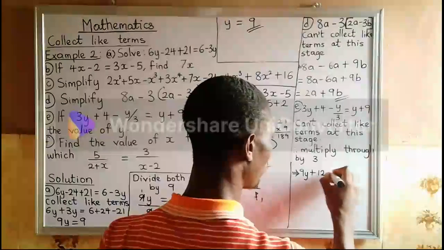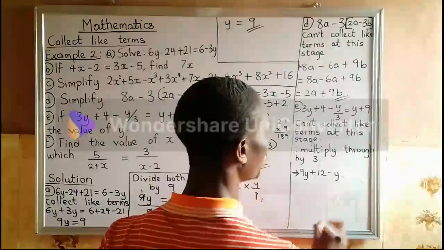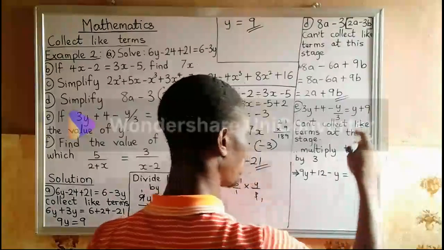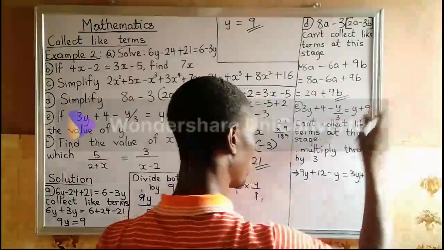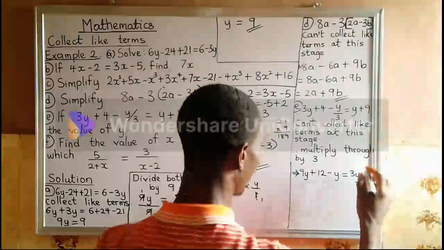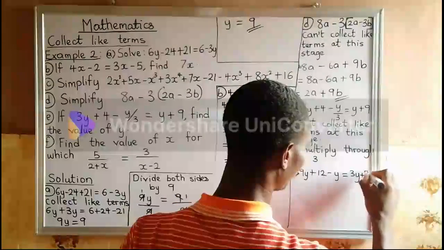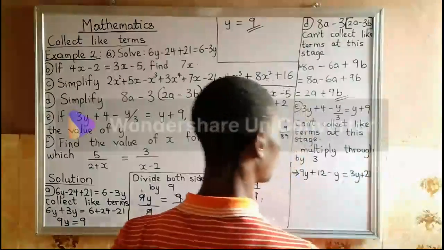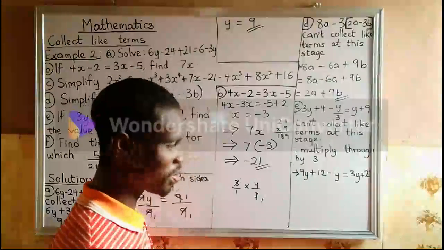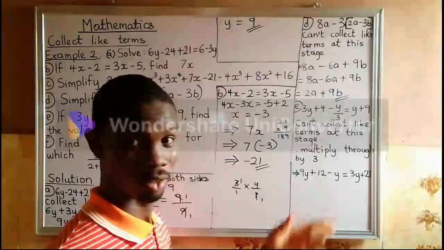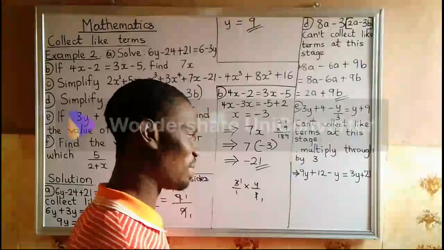So that will give us minus y equals 3 times y, 3y, plus 3 times 9, which is 27, right?